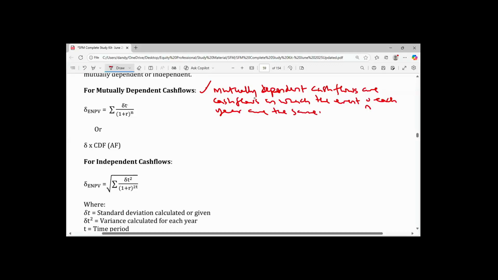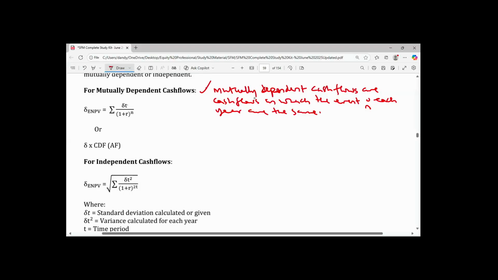What that means is that if in the question you are given a cash flow for all relevant years, let's say year 1 to 3, and across all the 3 years is the same cash flow, then they are mutually dependent. The same event that will affect year 1 cash flow is the same event that will affect year 2 cash flow.